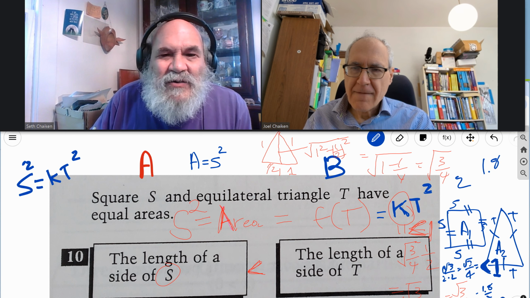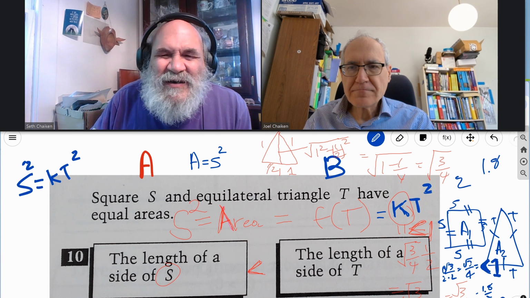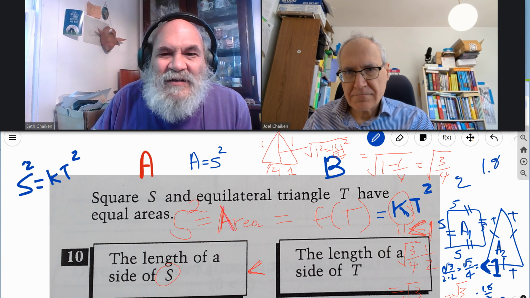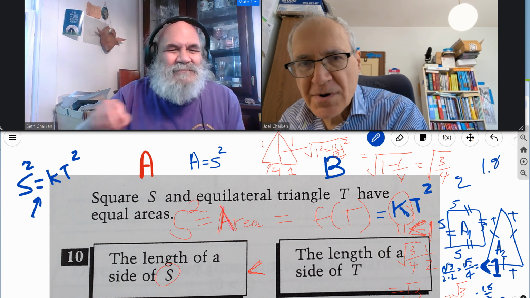S squared equals KT squared. K is less than 1, so KT squared is less than T squared. So T has to be greater than S in order for this to be true.